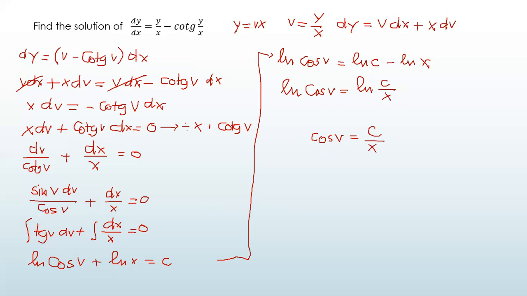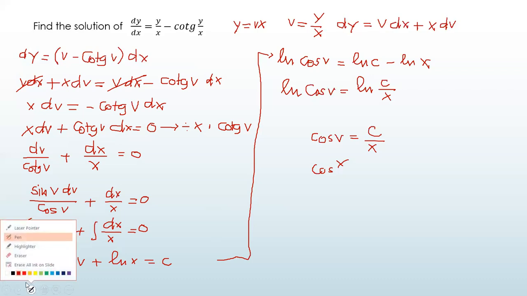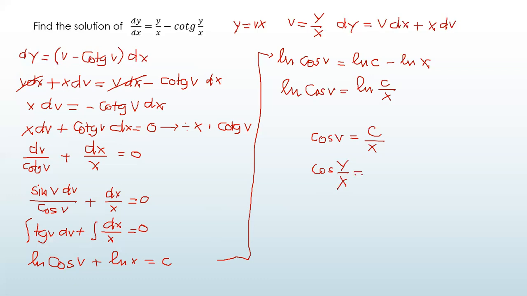Phi is y over x, so the solution is cos y over x equal c over x, like this.